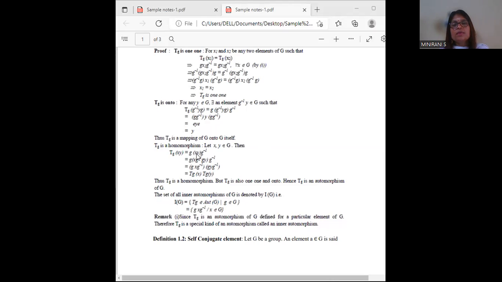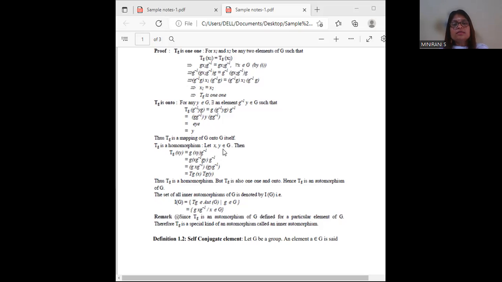So you can write xy as xey. So e can be written as g inverse g. So then we associate gx g inverse and gy g inverse. So clearly by definition of the map Tg, gx g inverse is Tg of x and gy g inverse is Tg of y. So this is how we prove that it is a homomorphism.